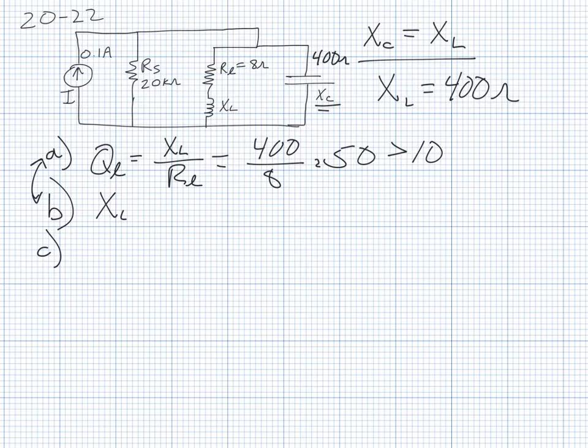All right. C, we were looking for the bandwidth. Okay. So we don't know the series resonant frequency Fs. We don't know the inductor, don't know the inductance nor the capacitance.